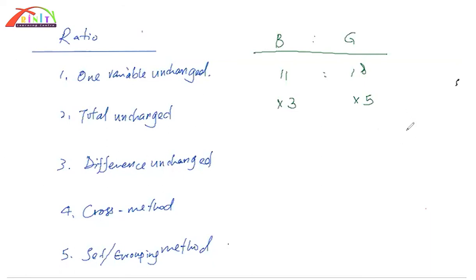Okay, I'm not being sexist here, this is just a story. So if each boy sells 3 balloons, they would have sold a total of 33 balloons, and the girls would have sold a total of 90 balloons. That's 123.